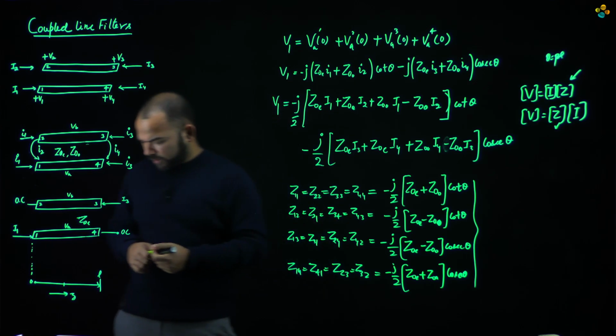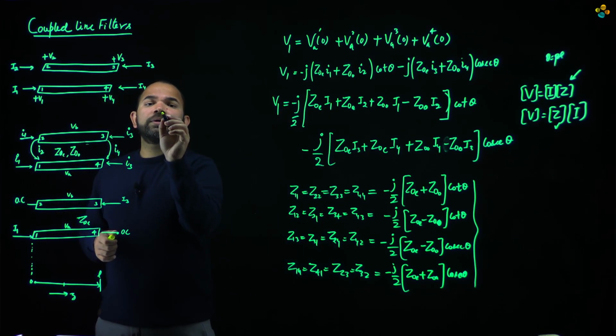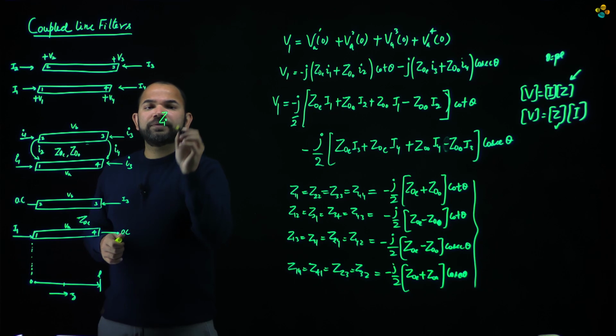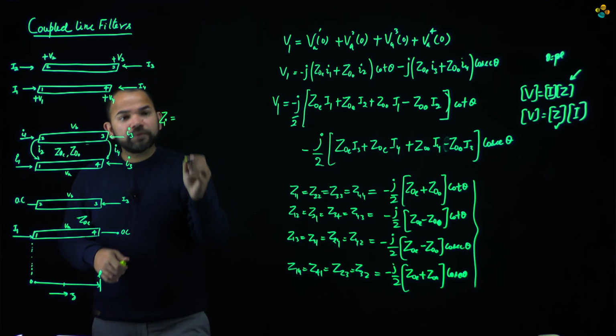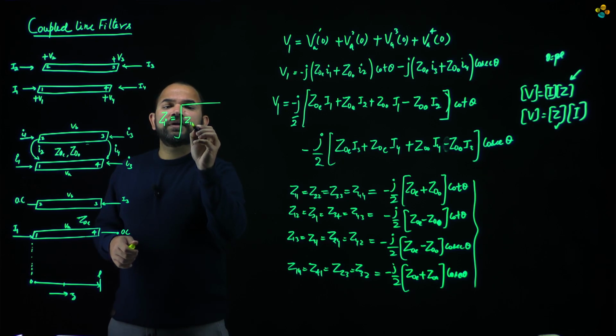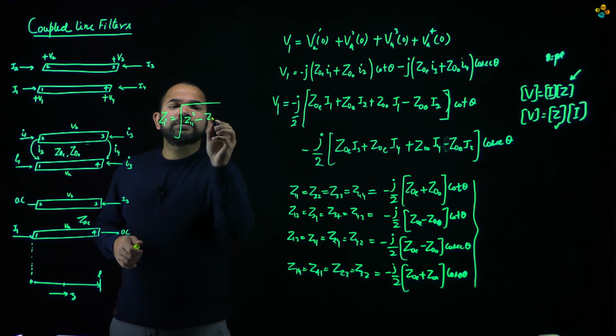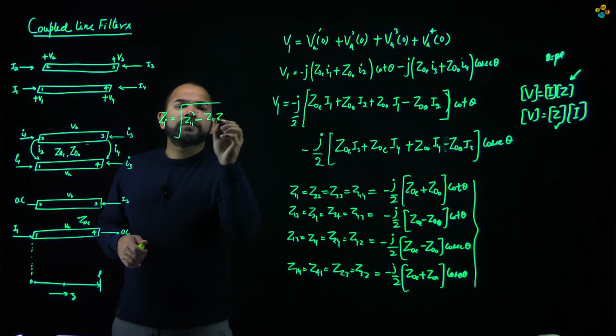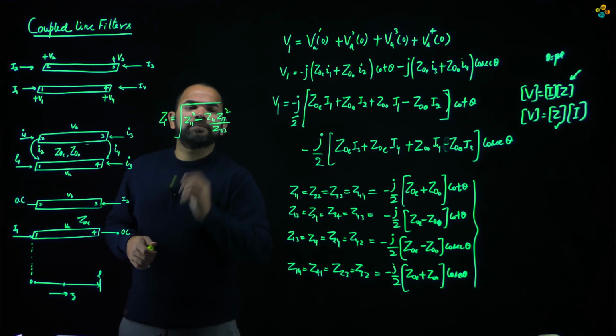So we know the Z parameters. What would be the input image impedance for this case? We know the formula, so we can write it directly: Z11 squared minus Z13 squared divided by Z33.